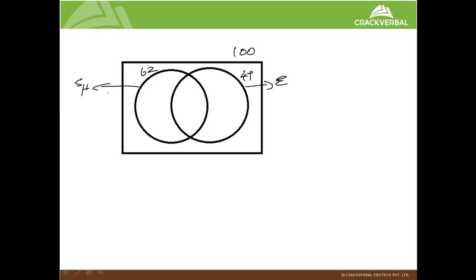Now they ask how many people who attended the meeting were stockholders but not employees. Let X be the number of people who are both stockholders as well as employees, and the part we have to figure out is 62 minus X.